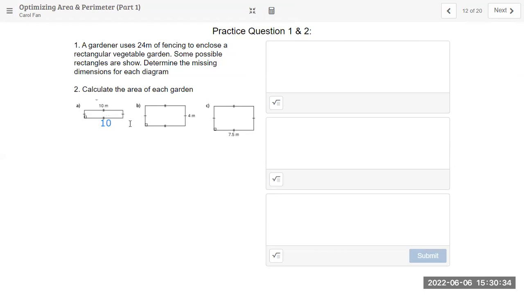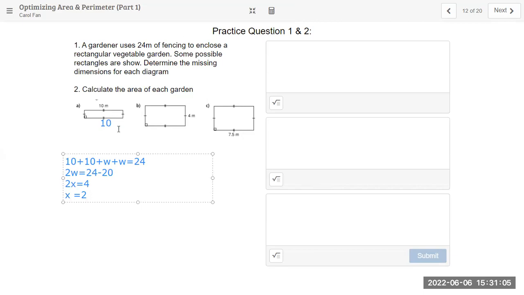The two sides here, I can use algebra to solve because I know that I have 10 plus 10 plus an unknown width, another unknown width, and this has to equal 24. So I have 2w is equal to 24 minus 20. 2w is equal to 4 and w is equal to 2. So that's one way to do it.